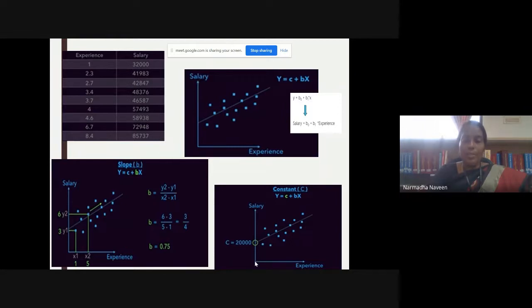Only when x is equal to 0, it represents a person with 0 years of experience, a fresher. At that time, what is the salary earned by the person? Here we see that at x equal to 0, the person earns a salary of 20,000 rupees. This is just the description.